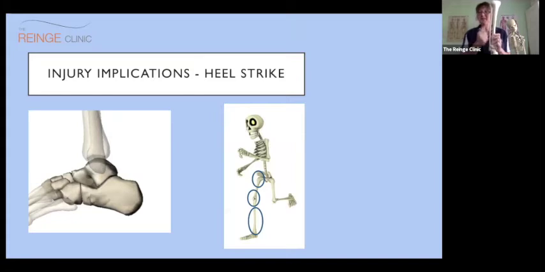Shin splints are very much an injury associated with a heel strike, because this movement irritates where the muscle attaches onto the bone, and you get little microtrauma, little damage. That is not good over the long term, especially if you're an ultra runner or a marathon runner doing that for 26, 40-odd miles. That is not ideal.